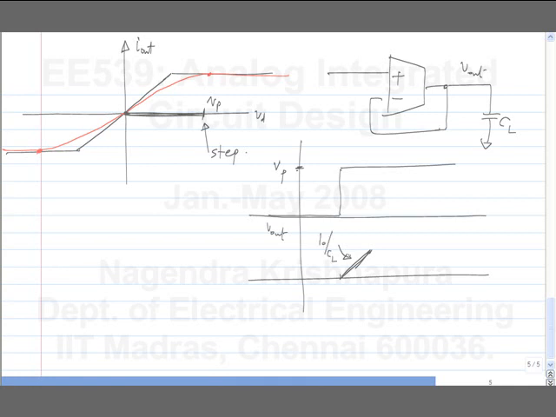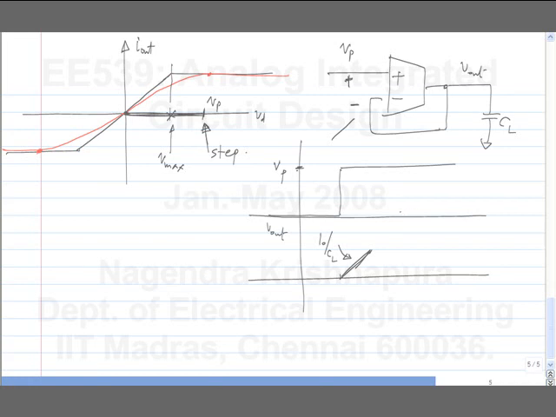Okay, then what happens? The output voltage will keep ramping up. That means that this is the input step that is applied. As the output keeps ramping up, the differential voltage across the differential pair keeps on falling. This is fixed at Vp, this is ramping up, so this keeps falling. Once this falls to this particular value, let me call it Vmax, that is the limit for slewing.